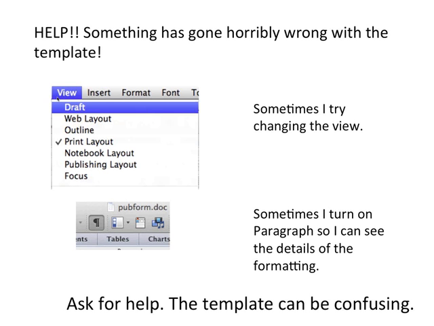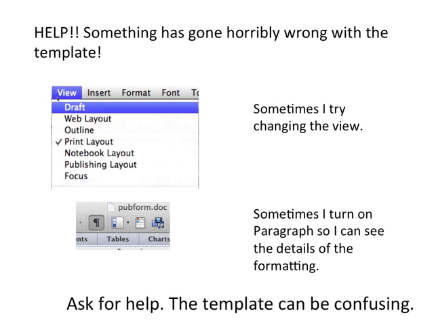So what I do when this happens is I change the view. On the menu in Microsoft Word, there's a menu item called View, and you have several options there. And I usually work in print layout. I think that's the default.